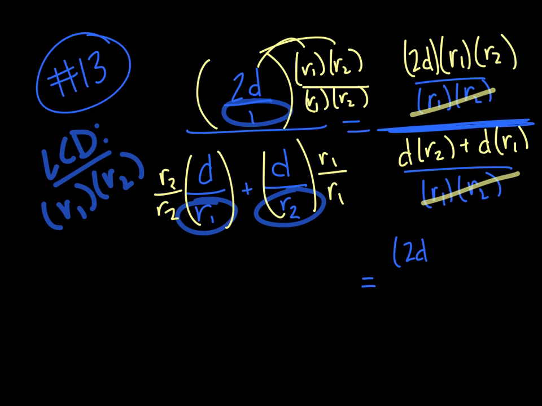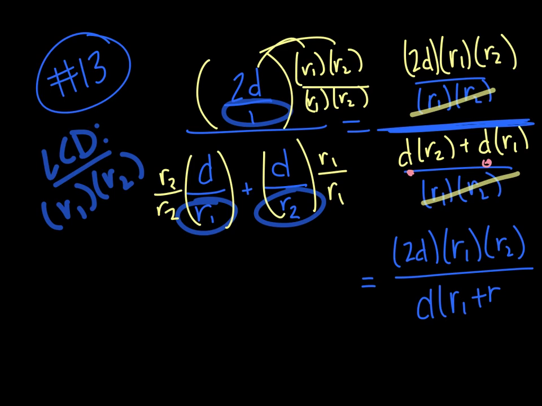So 2d times r1 times r2 over, and I'm actually going to factor out a d here, guys. So instead of making this d times r1 plus d times r2, I'm just going to factor out the d because both of them have that d attached. And we're going to make this d times r1 plus r2.